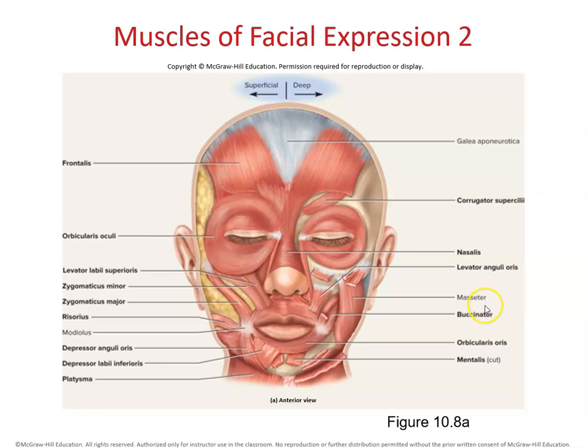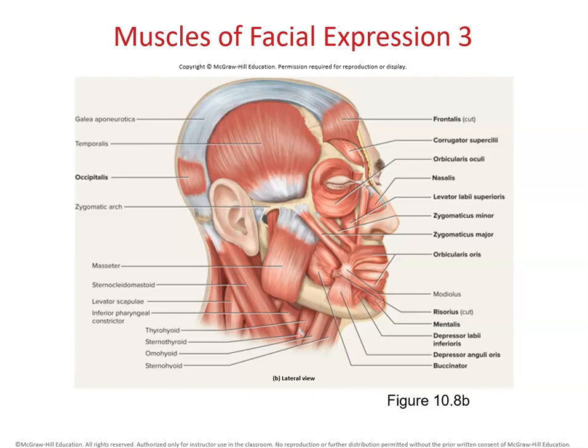The masseter is very important, not so much for facial expression, so we'll talk about it more in a little bit, but the masseter is the strong muscle in your cheek that allows you to chew. Nasalis, over the nasal bone, that's going to allow you to move your nose a little bit. And looking from the side view here, we can see the temporalis. That's going to allow a little bit of motion through your scalp.